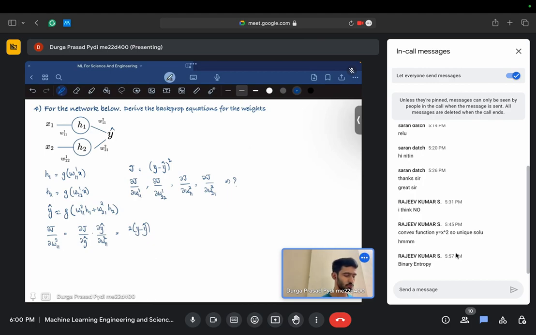Maybe I can ignore the 2, I'll just put a half here, so you don't have to worry about the 2. So you just apply the chain rule and then you keep going on for all the weights.